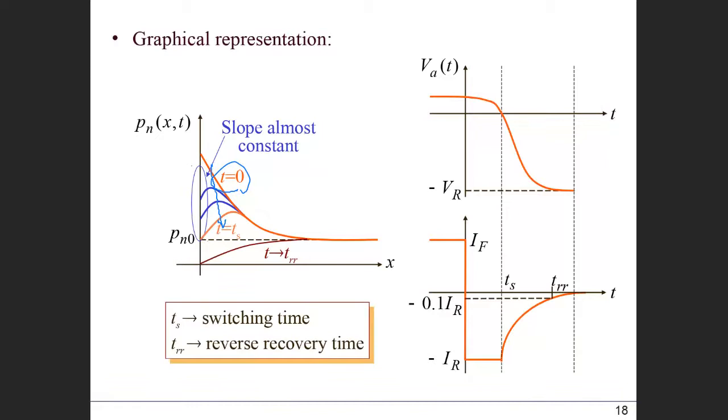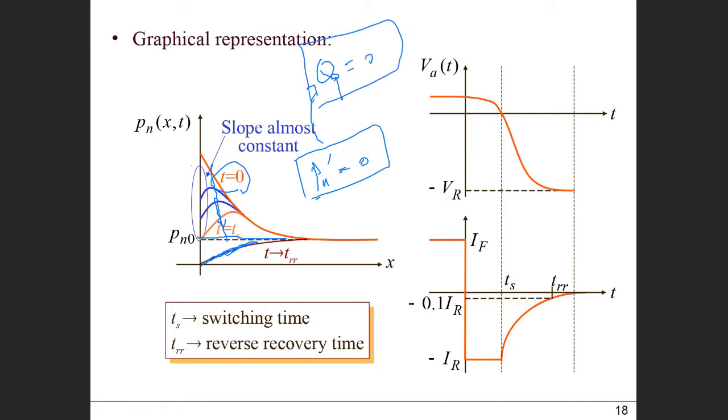And then at some point, this change is going into the reverse bias, which is below your thermal equilibrium value. When you look at this excess hole concentration, when it reaches 0, we can say that the total stored charge in this n side is gone.